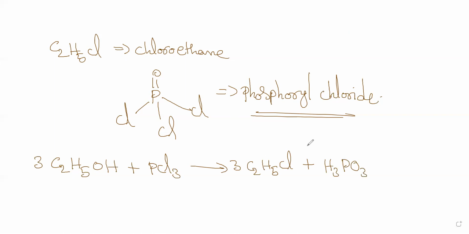So here what we got is phosphorus acid. This is again our chloroethane.